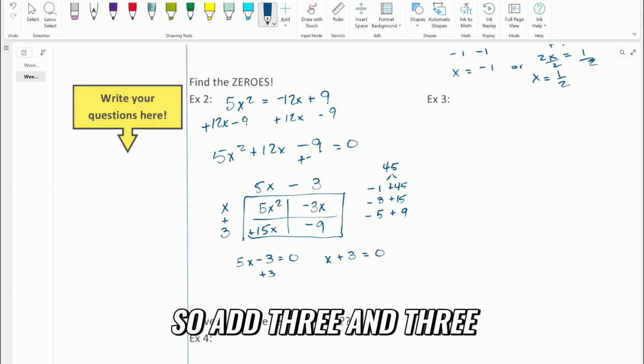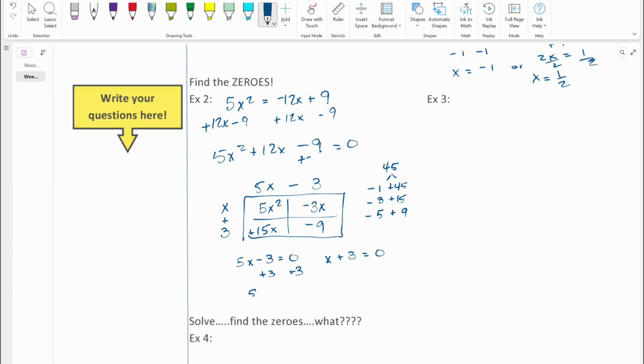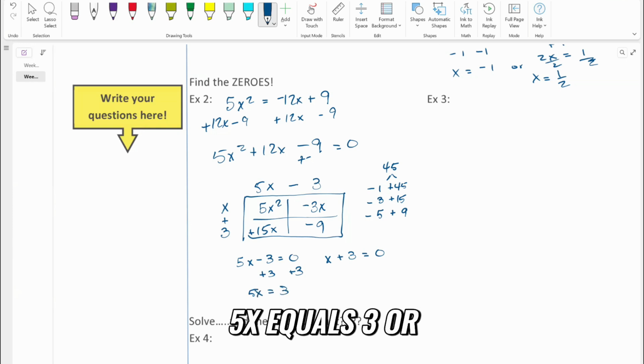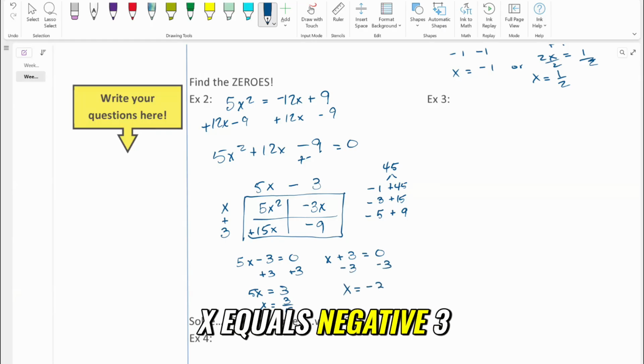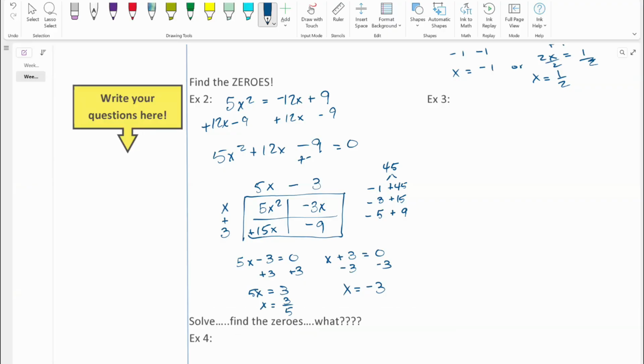So add 3, 5x equals 3, or x equals 3/5, or minus 3, x equals negative 3. Right? Yes, no? Yep.